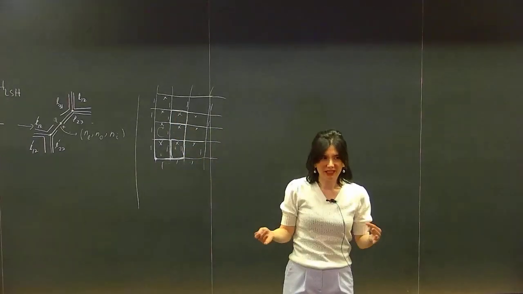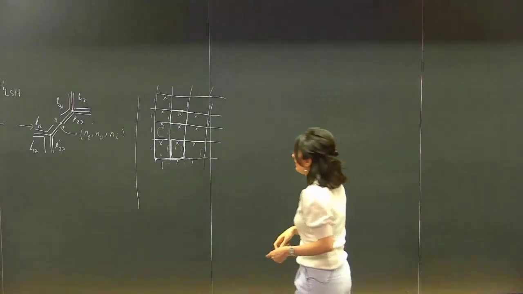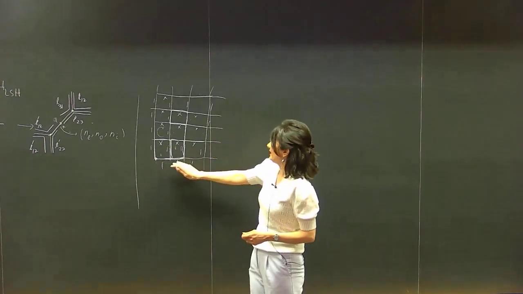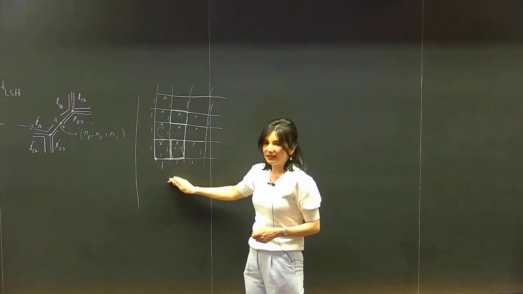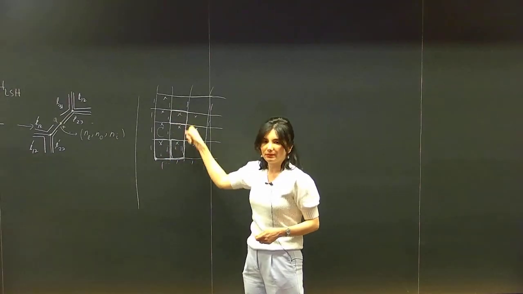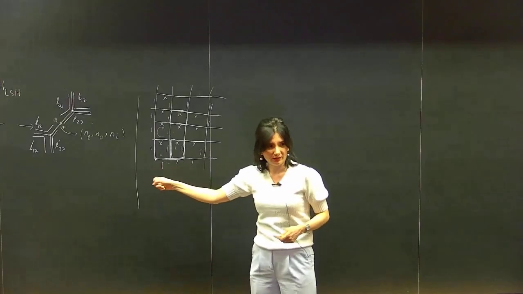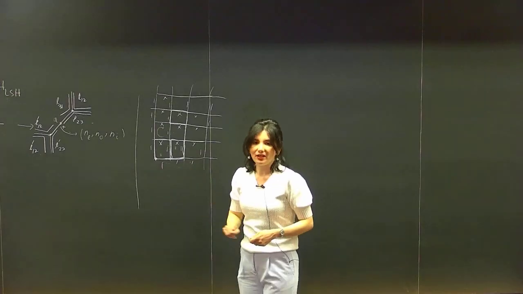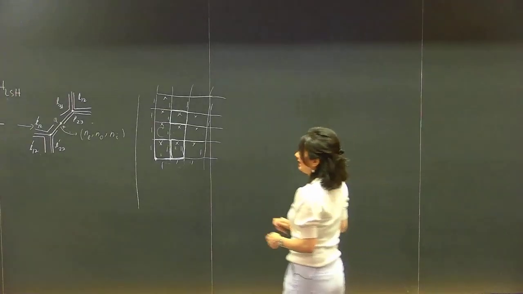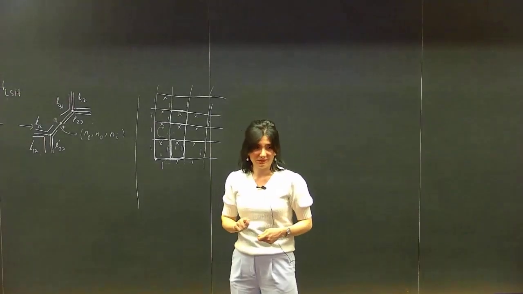So somehow you're breaking translational invariance. You better recover it in the end, so there are some tricks involved. But at the end of the day, you can just express your degrees of freedom in terms of these loops around the plaquettes that are connected to the origin, okay? But what that means is that although your plaquette Hamiltonian becomes very simple in that formulation, your electric Hamiltonian is going to be very complicated.